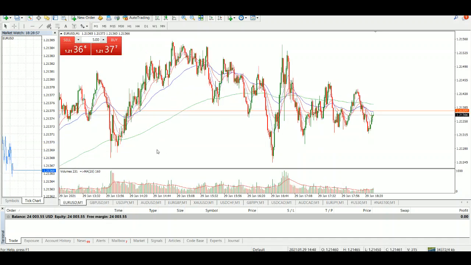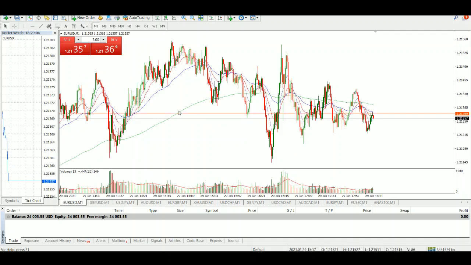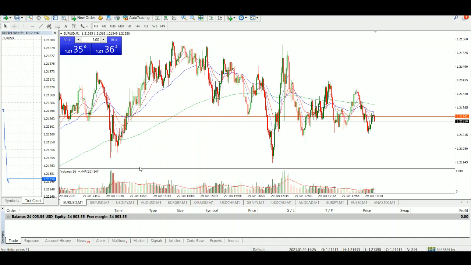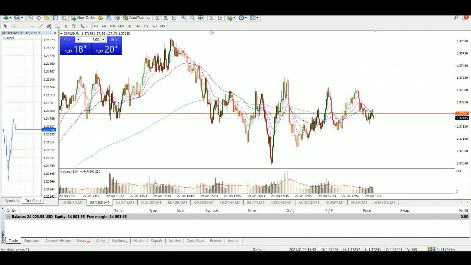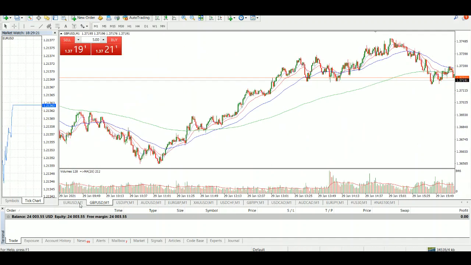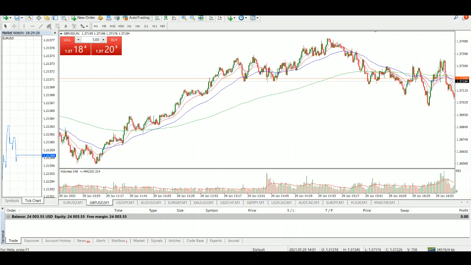You will notice that, for example, now euro dollar is in ranging mode, GBP dollar also is in ranging mode. When GBP dollar was in uptrend, euro dollar was also in uptrend. Okay, and also notice that it's one of the other secrets. For example, during this, one of the monitoring secrets, let's say on euro dollar you have seen that it has returned toward the EMA 200, so you can expect that the GBP dollar will be returning toward the EMA 200 very soon.